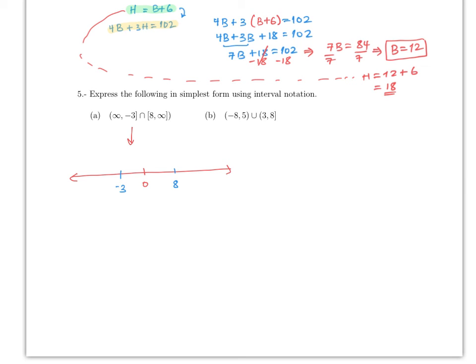So in this case it says anything that is less than minus 3, which is this, and bigger than A, which is this. So notice that for this particular case, the two don't intersect. The sad face means where they intersect. Since they don't intersect anywhere, this is the empty set, so there is no solution for this.